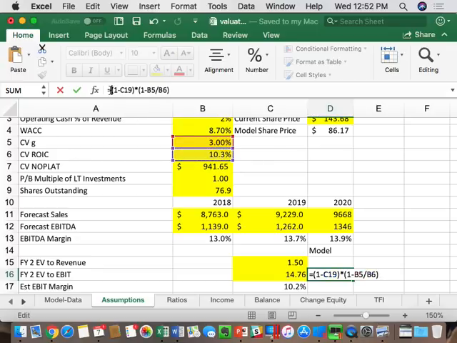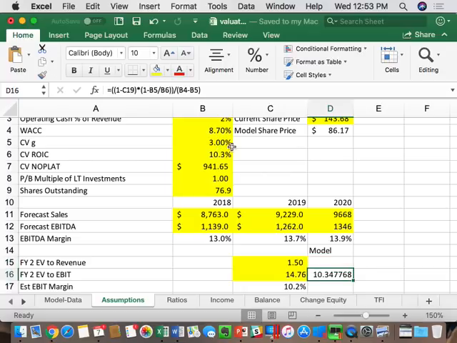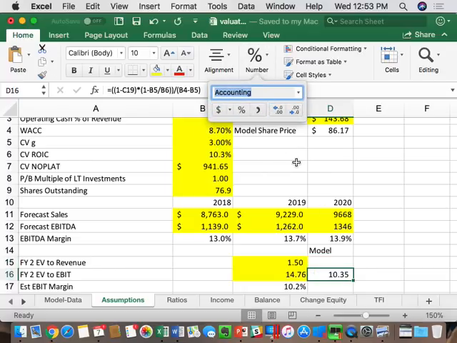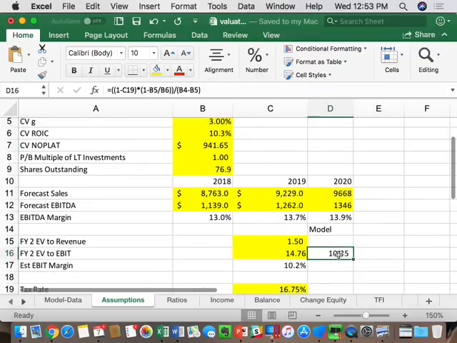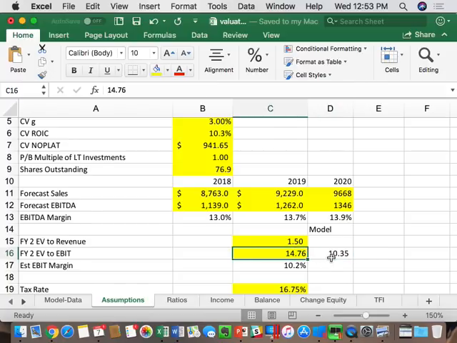Take all of that and divide by the WACC minus the G. So basically 10.35. So at a 3% G, given those assumptions, that would be a 10.35 EV to EBIT, but we're observing 14.76. So do you think the G is going to be higher or lower than 3%?